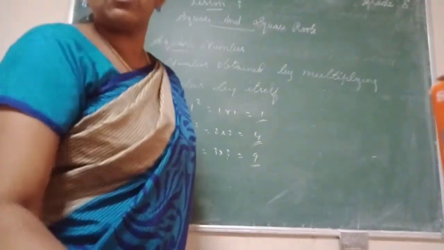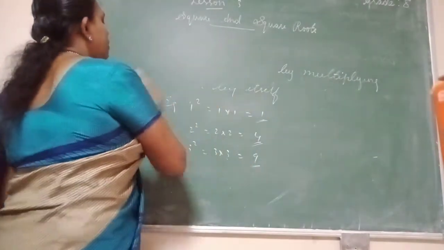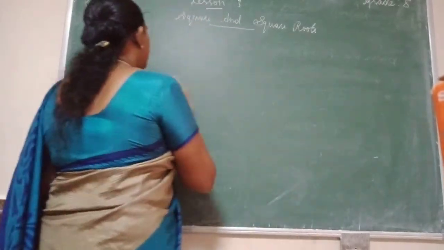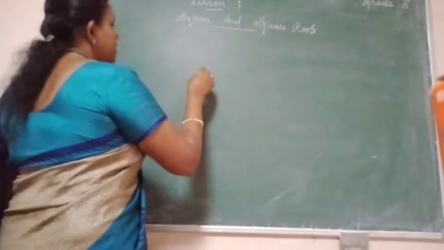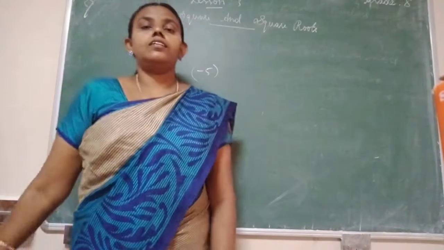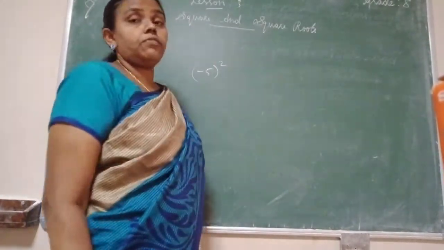Next, square of a negative integer. If you are multiplying a negative number by itself, see, minus 5 is a negative integer.